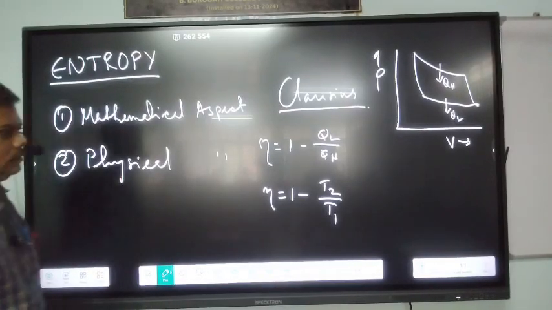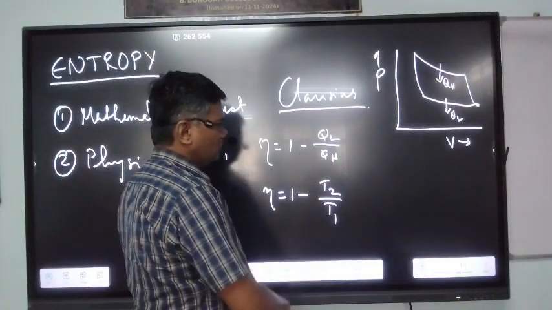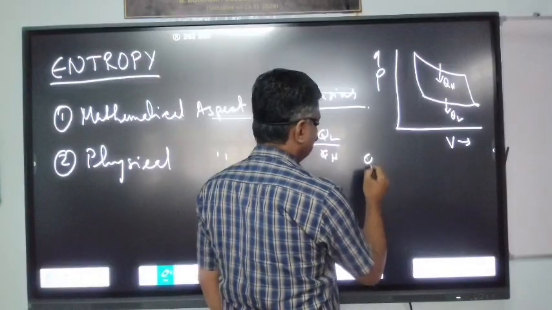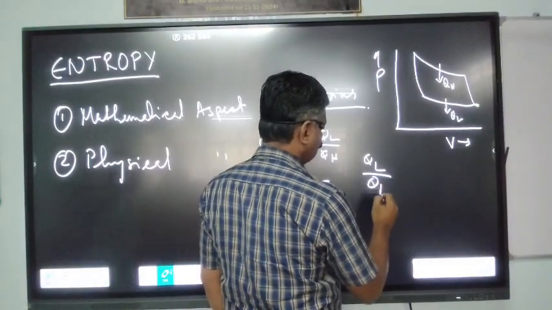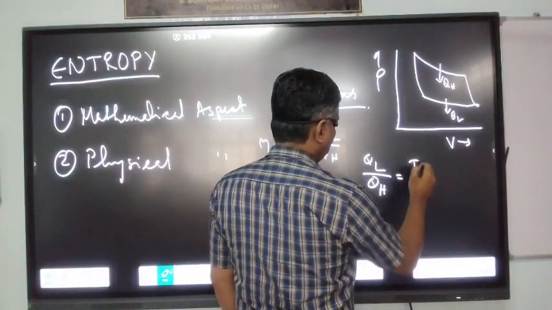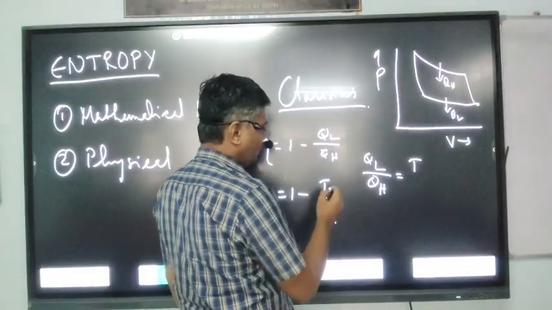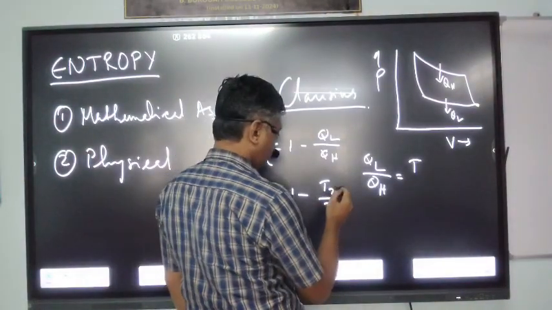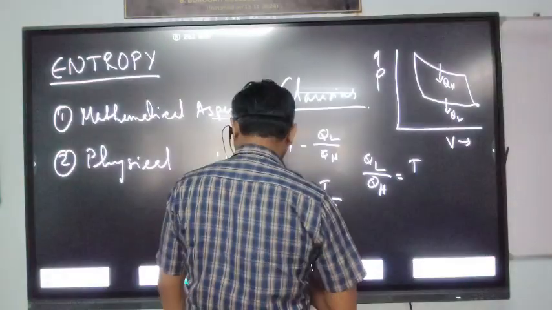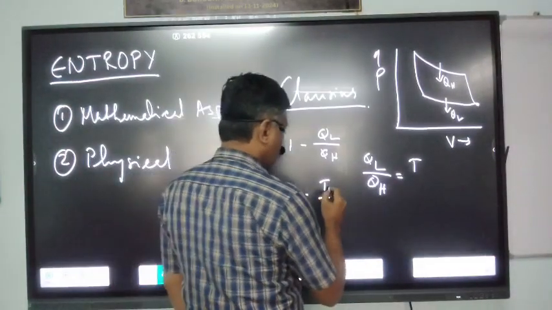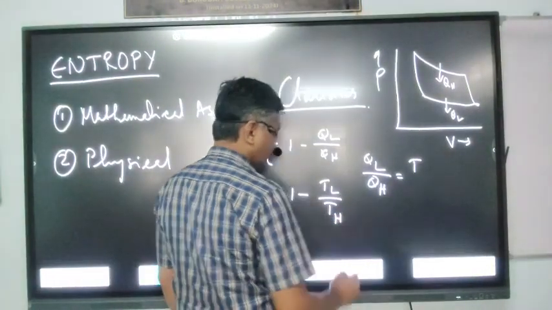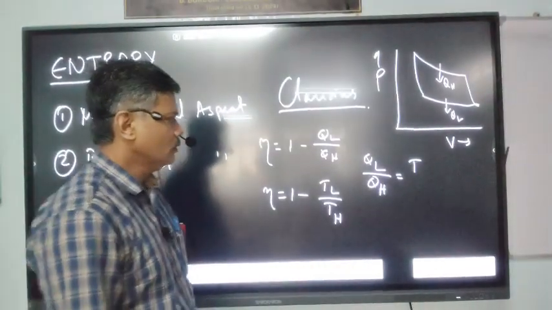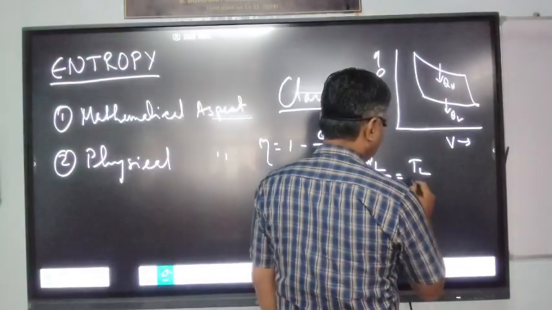Now, if we equate these two, then we will get QL by QH equal to TL by TH.